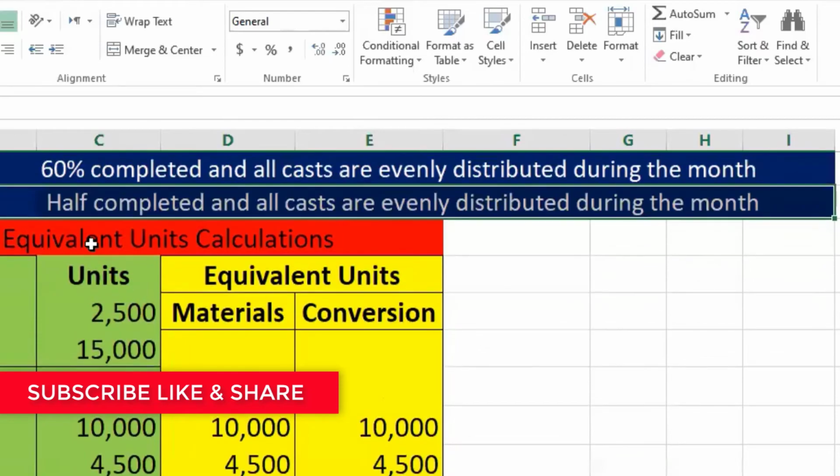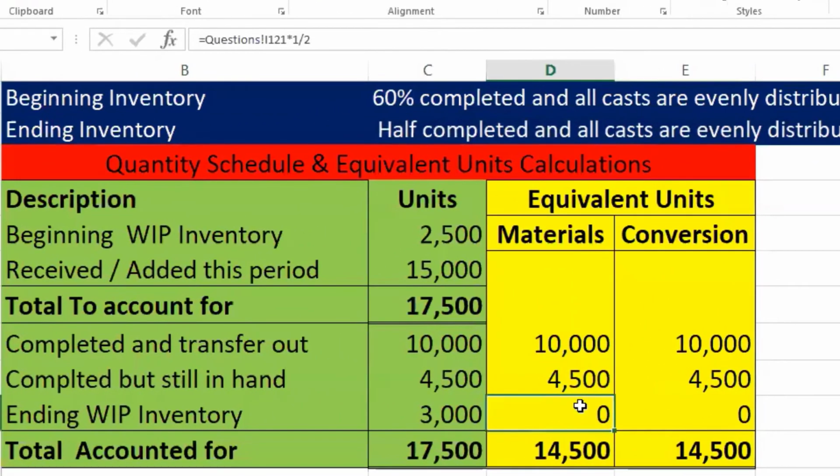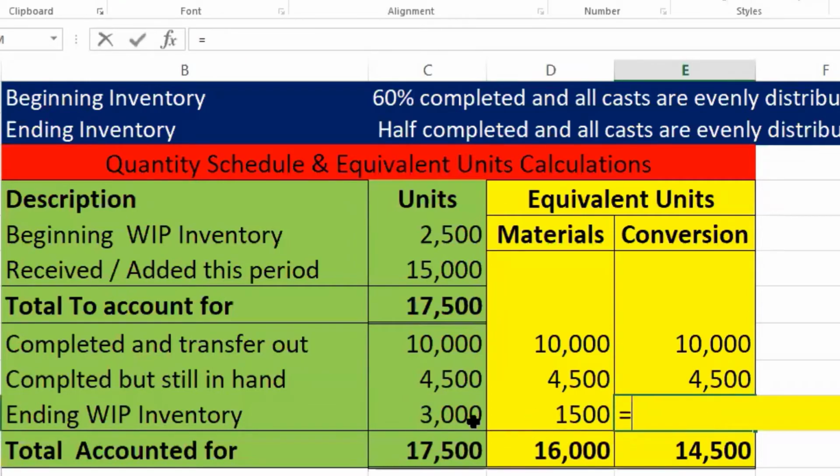Here, because this is half completed, and it has not been mentioned half completed to what cost element, it means for all cost elements it is half completed. So we will do this, equal to this multiplied by 1 divided by 2, it means half completed. The same calculation will be repeated over here.